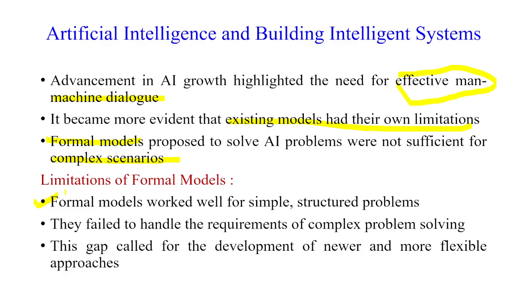So when they failed, when they were not able to handle the requirements of complex problem solving, when it is dealt with real world problems, where a lot of uncertain, messy and context dependent things happen, a formal model that works perfectly in a controlled environment often breaks down when exposed to real world complexity.